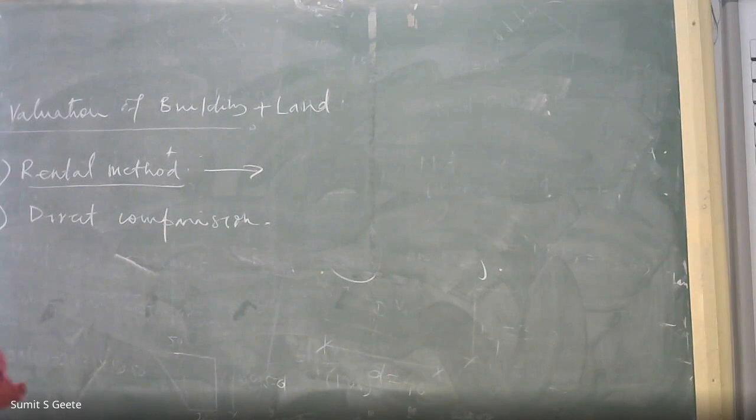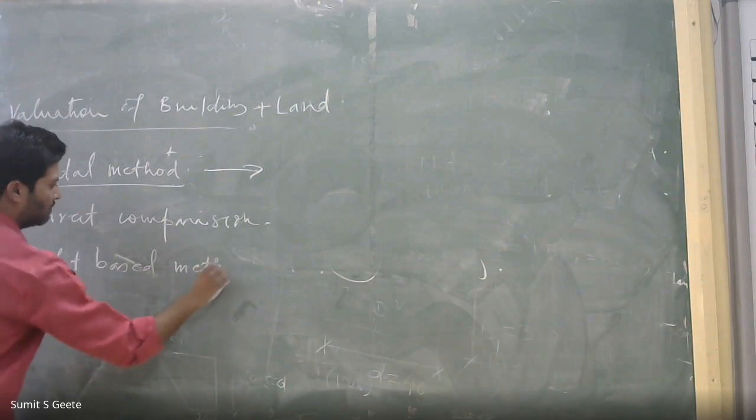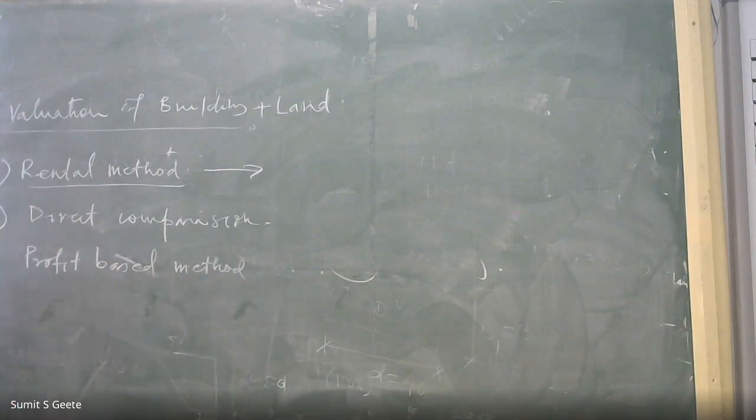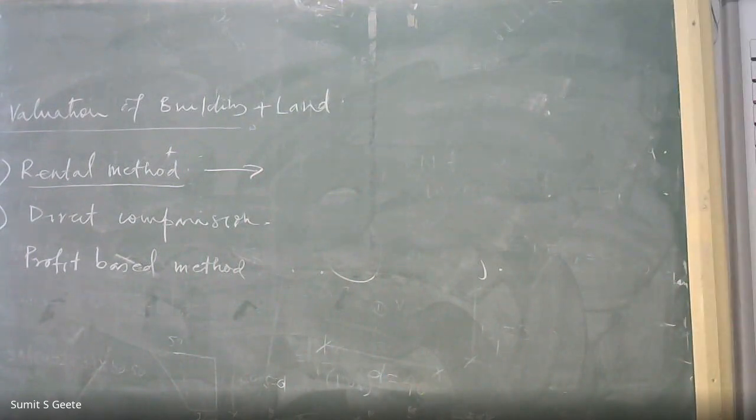Right? Now the next method is the third method. The third method is a profit based method, which is again similar to the rental method.